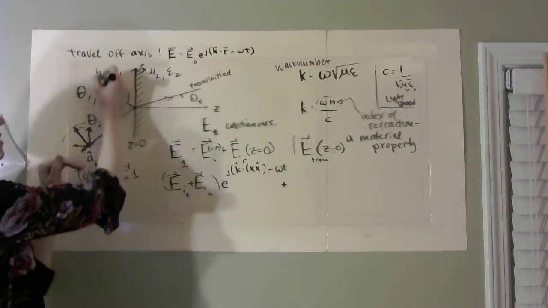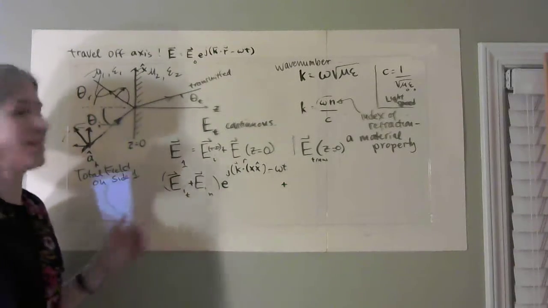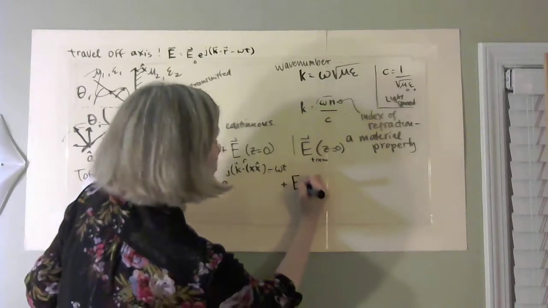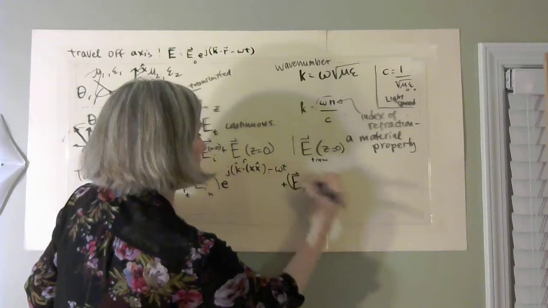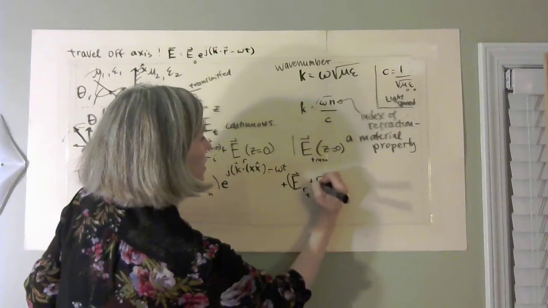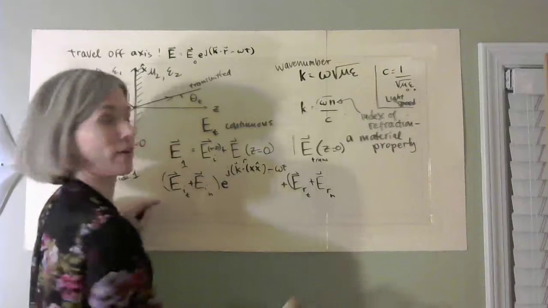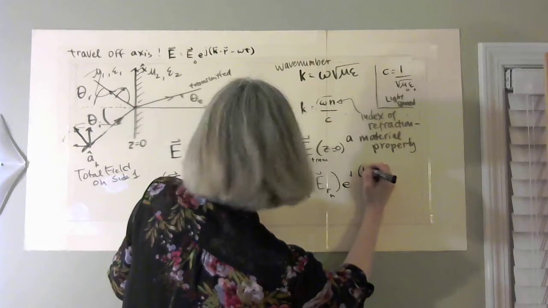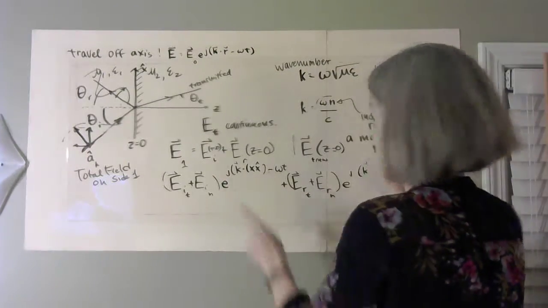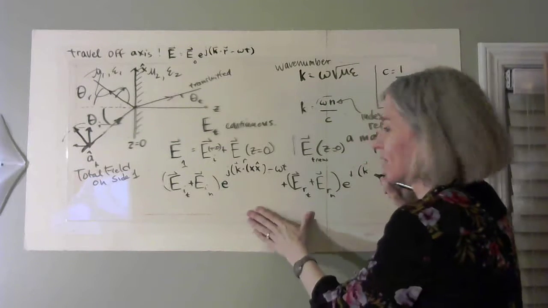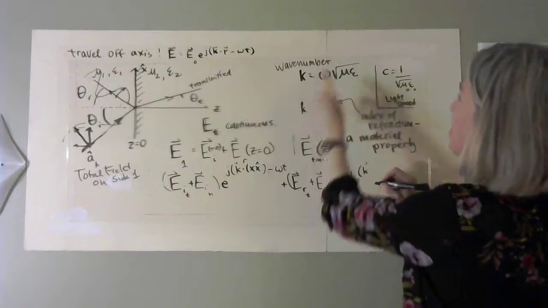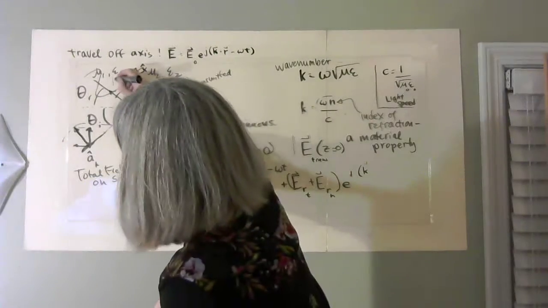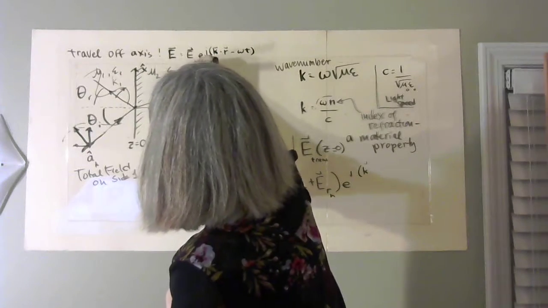This direction is set by rules that we're about to find out. E reflected tangential plus E reflected normal, e to the j k, and I need to start adding some subscripts. k depends on the material property, so I need k1 on this side of the boundary, k2 on this side.